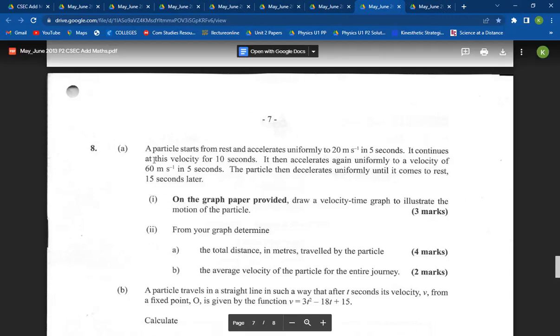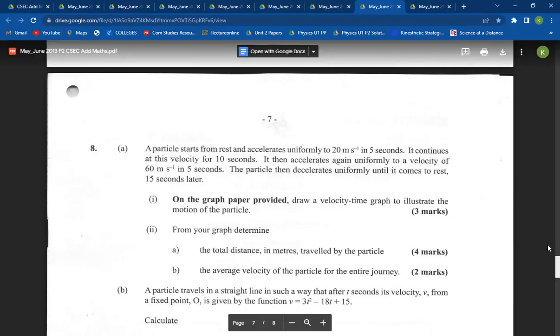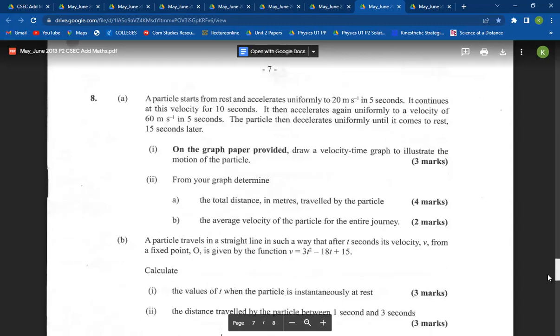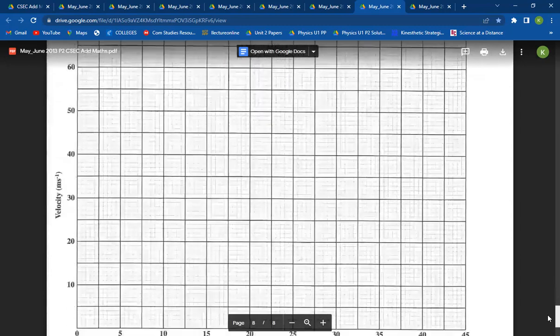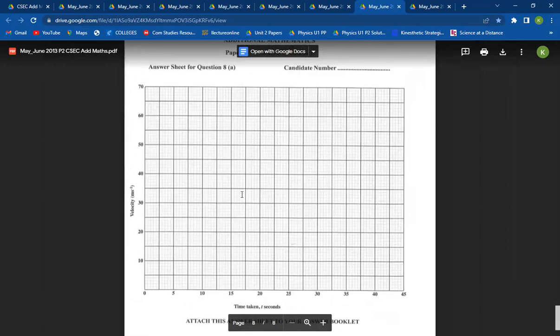They gave you information, just like here. So a tiny paragraph with information. And then you need to take that information and use the graph paper that they gave you at the end to plot your graph.